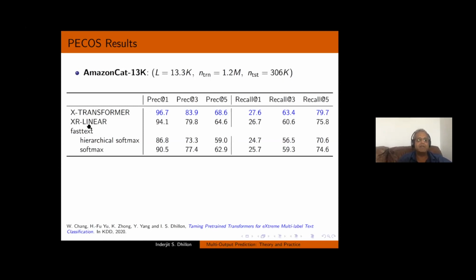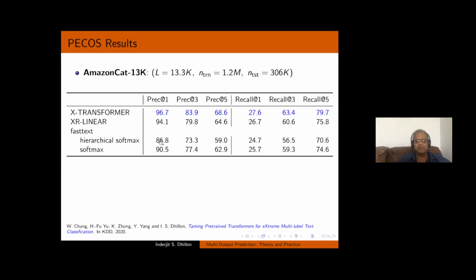And in comparison, I've given some techniques that are out there for doing multi-class prediction based on fast text using softmax. Softmax gets too expensive for very large softmax outputs. So there is hierarchical softmax.